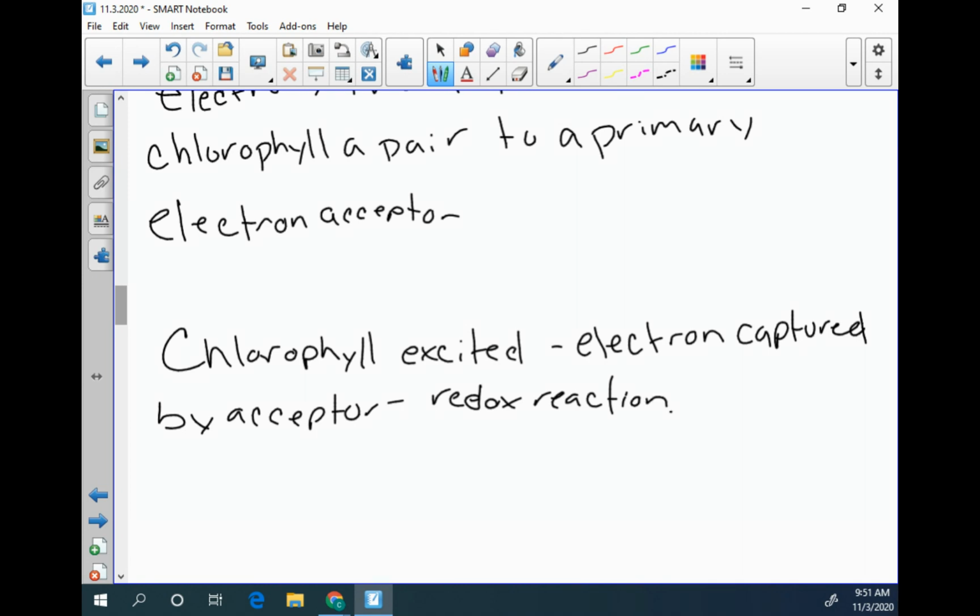Because our primary electron acceptor is being reduced, therefore our chlorophyll A molecules are being oxidized. Because you can't have a redox reaction with just a reduction, you also need that oxidation.